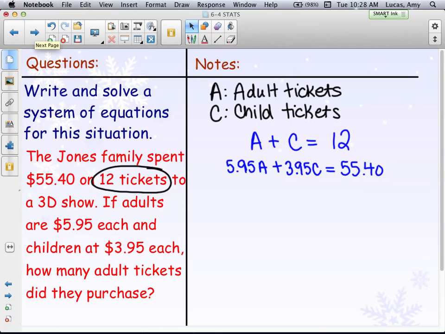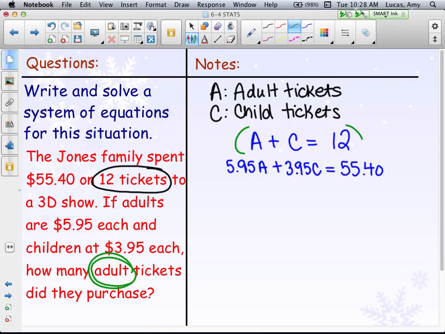So now if you take a look at this system, we're supposed to be solving to figure out how many adult tickets. So if we're solving for adult tickets, I want to eliminate the children's tickets. So to do that, I am going to multiply by negative $3.95.